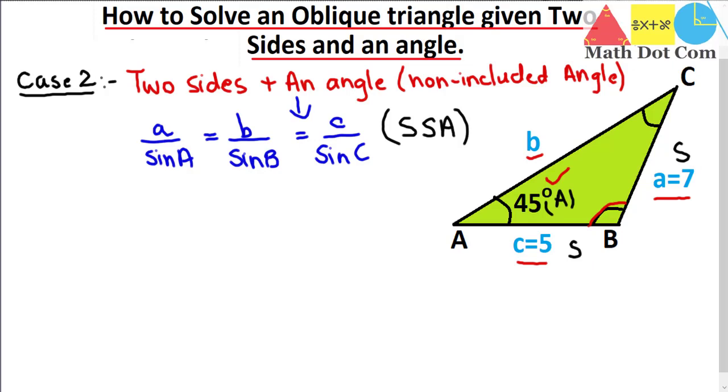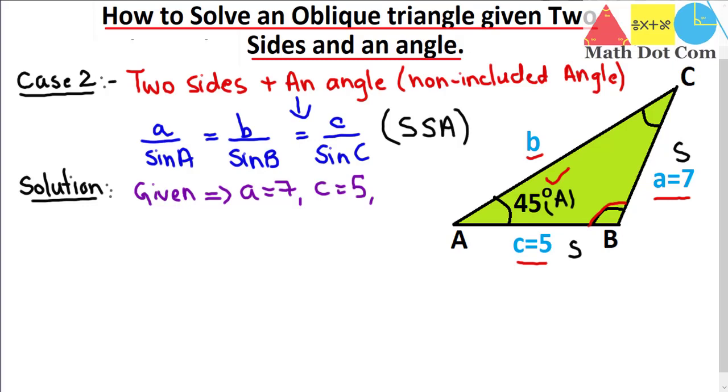So this is a side-angle case. Let's see how you can solve it. Given is side A equals 7, side C equals 5 and angle A equals 45 degrees. These three things are given and we have to find the rest, one side and the two angles. So how can we do that? Let's see.